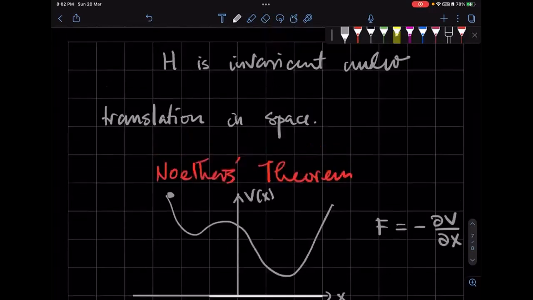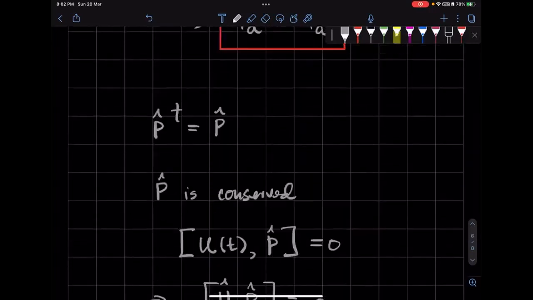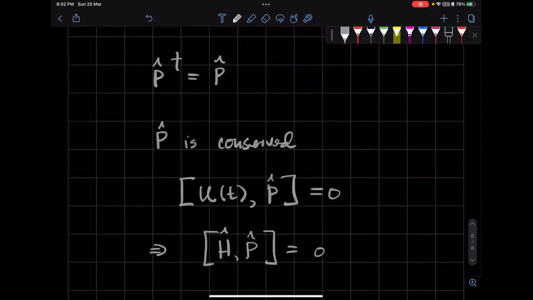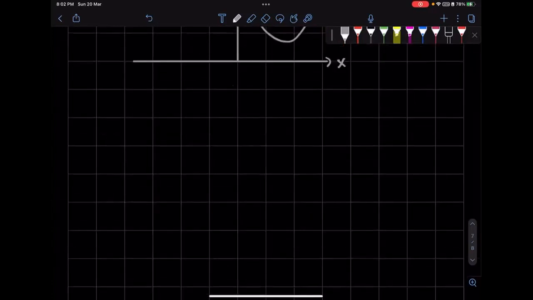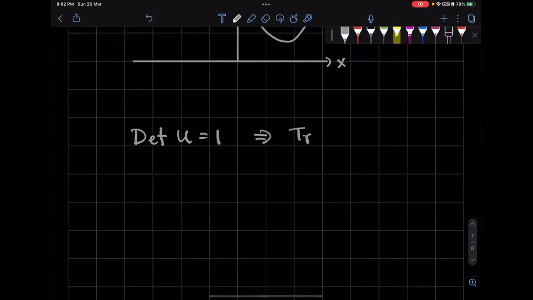Okay. So let's go back to a discussion about the generators. We have established for SUN, and actually for UN as well, that the generators are Hermitian. For SUN, we have an extra condition, which is that the determinant of U must be 1. We know from our formula relating the determinant of a matrix and the trace of its generator that this implies that the trace of the generator must be 0.